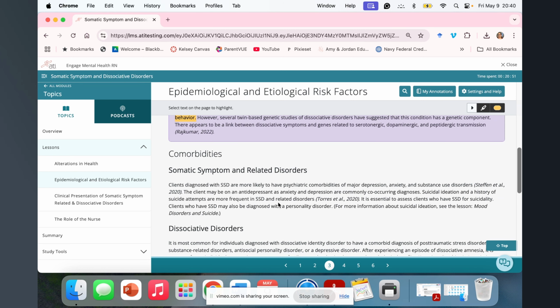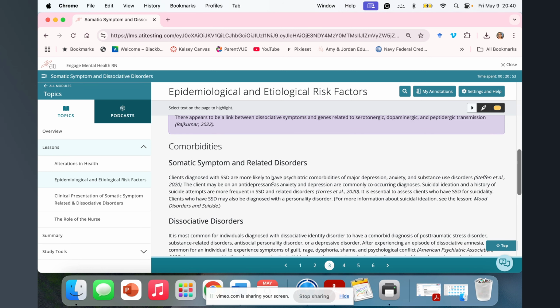Comorbidities for somatic symptom and related disorders. Essentially, these people are going to have comorbidities of major depression, generalized anxiety disorder, and substance use disorder. Okay. And a lot of these clients may be on an antidepressant medication to help with their anxiety or their depression.